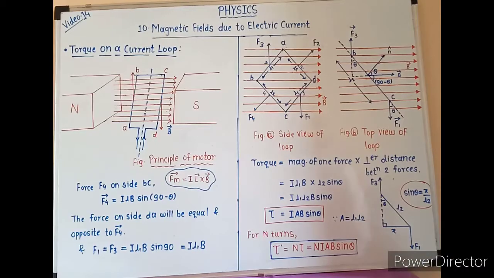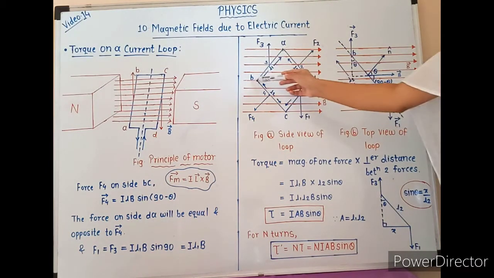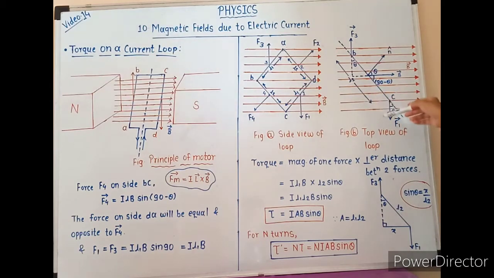Okay. Now, if we see from the top of this loop ABCD, that is from the segment BC, then it will appear like this second diagram, that is the top view of the loop. So, this is segment BC and the length of this segment BC is L2.